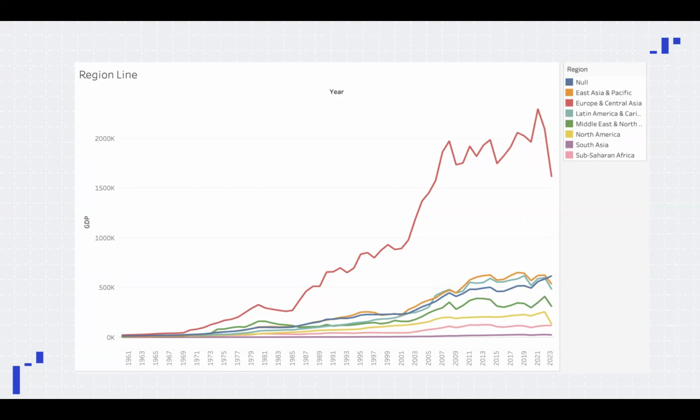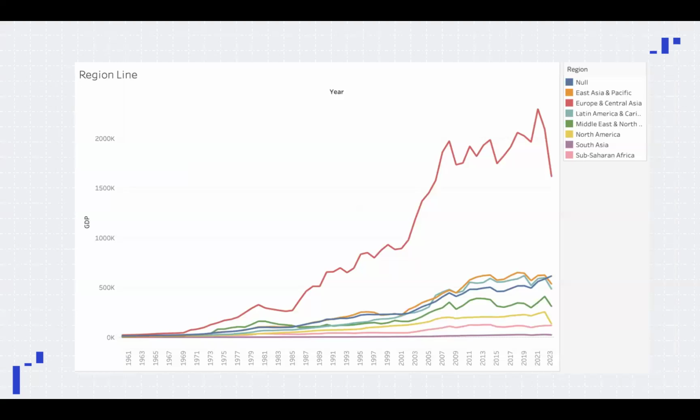Other regions, such as Latin America and Caribbean, Middle East and North Africa, South Asia, and Sub-Saharan Africa, display lower GDP levels with more modest growth trajectories.